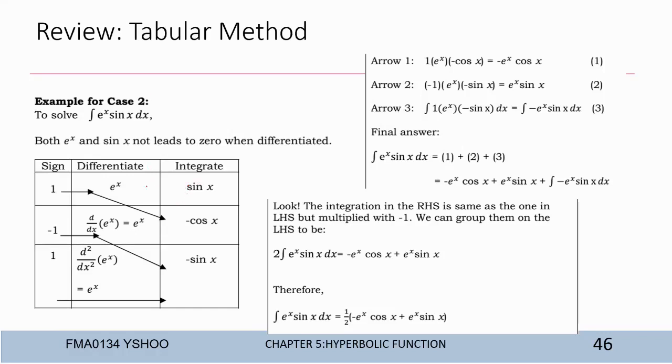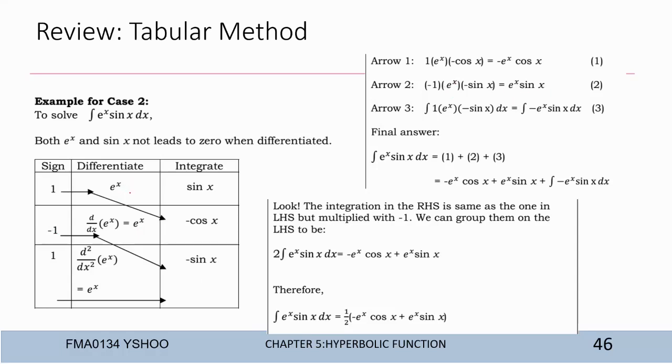So what you need to do is the same thing. Row 1, you copy positive e^x multiplied by negative cos x, so you have negative e^x cos x. Then the second row, you have negative 1 multiplied by e^x multiplied by negative sin x, so you get a negative negative.